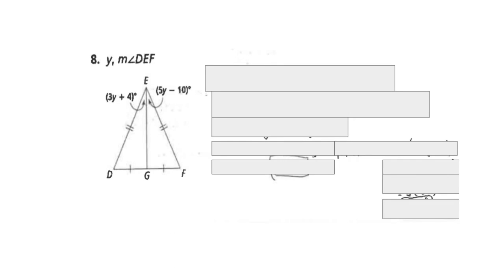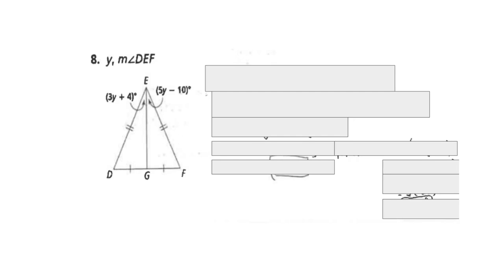All right, well, this is the last type of problem you'll see, right? We are looking for y, and then we're also looking for angle DEF, right? We have two congruent sides, and that means that we can use the converse angle bisector theorem.